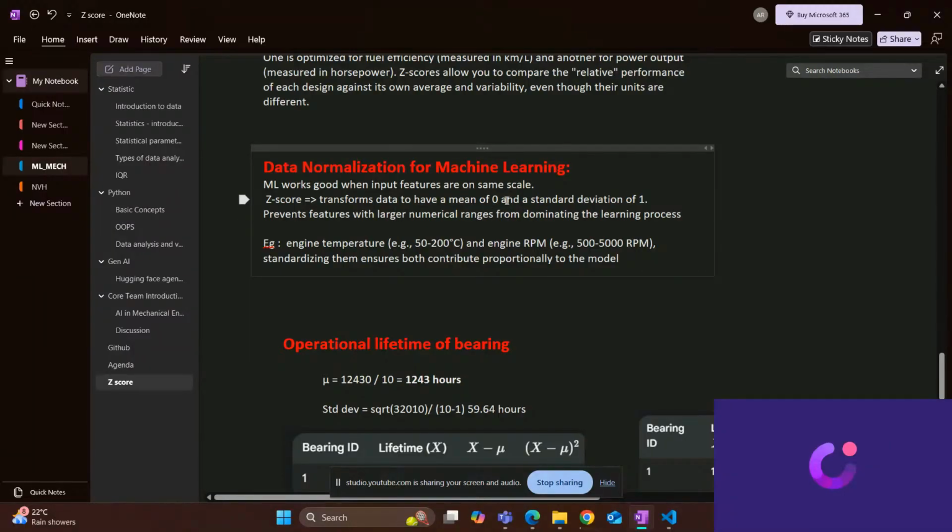In this case, 50 might be 0 and 200 might be 1, so temperature will vary between that. And the 500 will be 0 and 5000 will be 1. So that scaling will be in a common neutral format, which is useful for the machine learning algorithm mathematically to bring out the pattern.